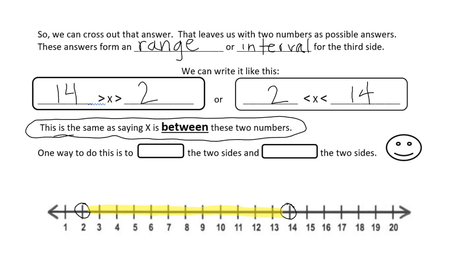Now, of course, the shortcut here that comes out of that is if we had just added the two sides together, that would give us 14. And if we had subtracted the two sides, 8 minus 6, that would give us the 2.